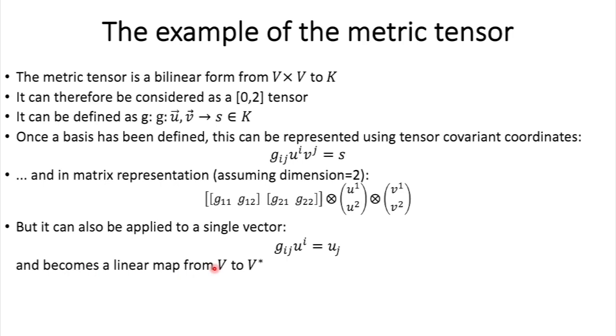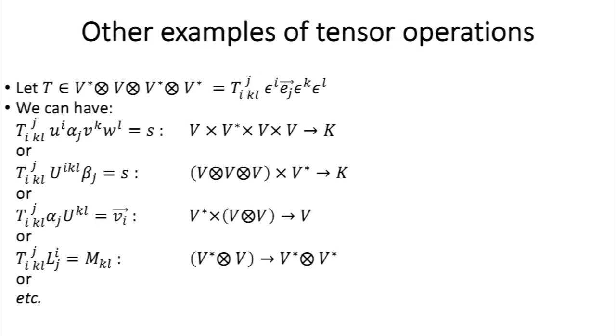And that becomes a linear map from V to V star, which is the dual space of V. And so that's also something we can use in tensor equations when we need to lower indices, or even to raise them if we use the contravariant part of a metric tensor. Here are some other examples of tensor operations. I'll let you have a look if you want to pause the video here.